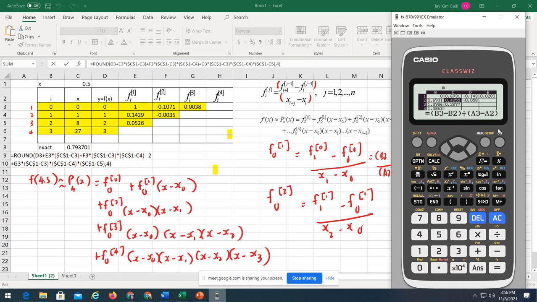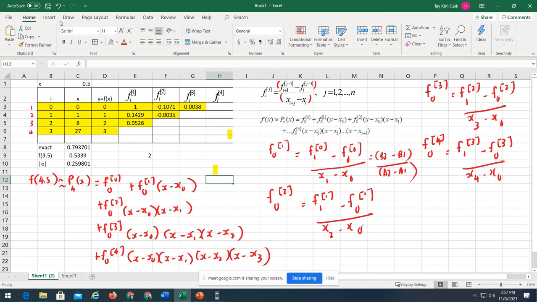If you calculate using a calculator, taking the first row only, this is 0, and then you have 1 multiplied by x, which is 0.5 minus x naught, which is 0, so it's 1 times 0.5 only. To key in, maybe it's better if you write down. Erase first.